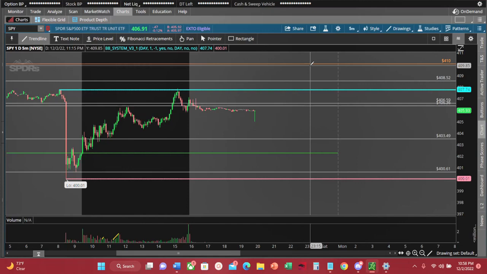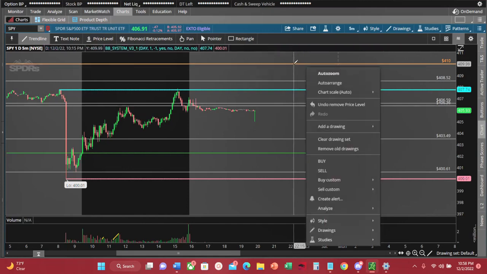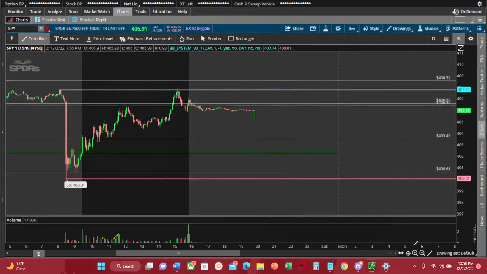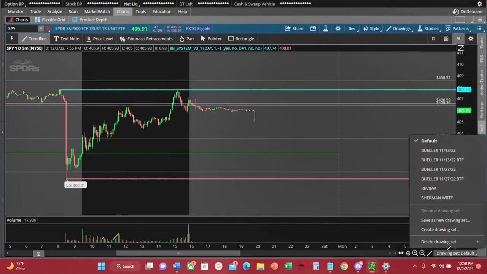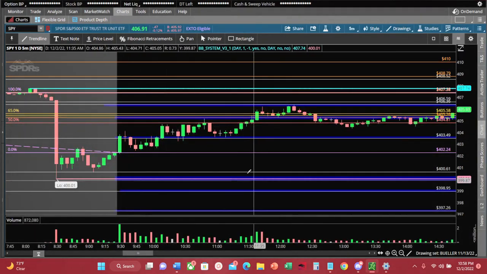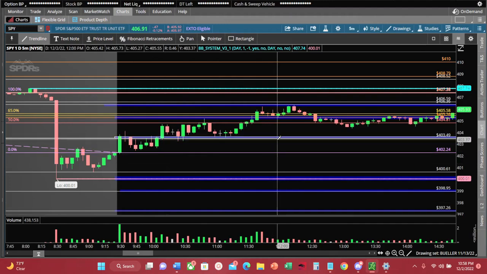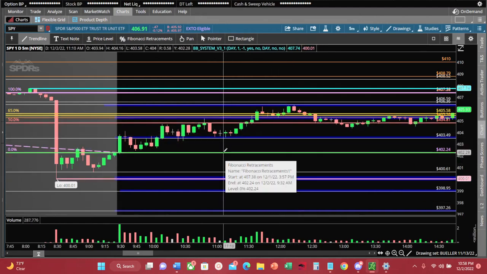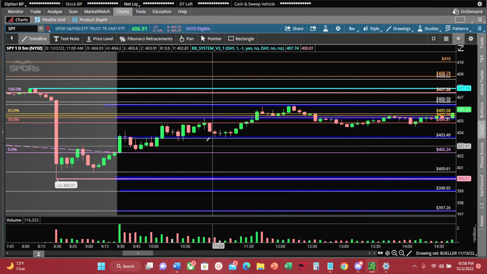So let me just take these off because they're bothering me, and I'll get down to the actual chart that I used. I used this one today by accident, and you can see we have that zone. These are zones that I keep from the watch list that Bueller creates in the morning.